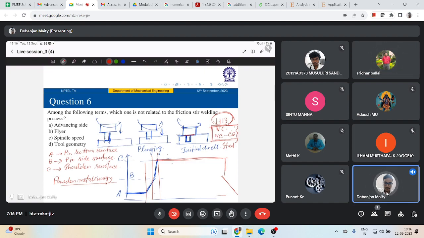When you are applying pressure, the material is getting deformed. It is not a removal process. The material is deformed because of the pressure and the temperature originating from friction.